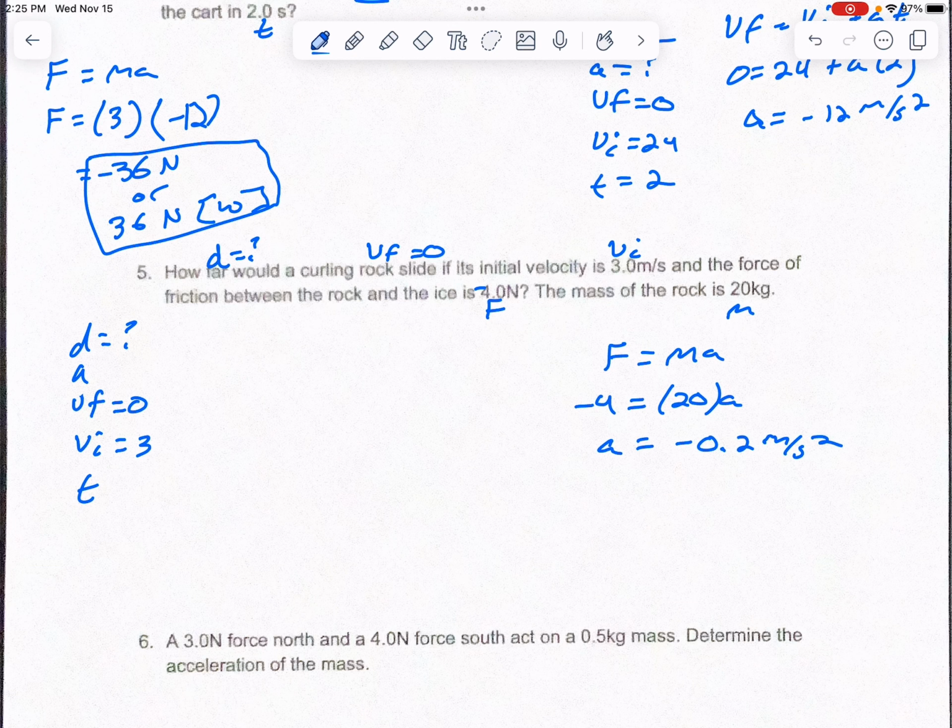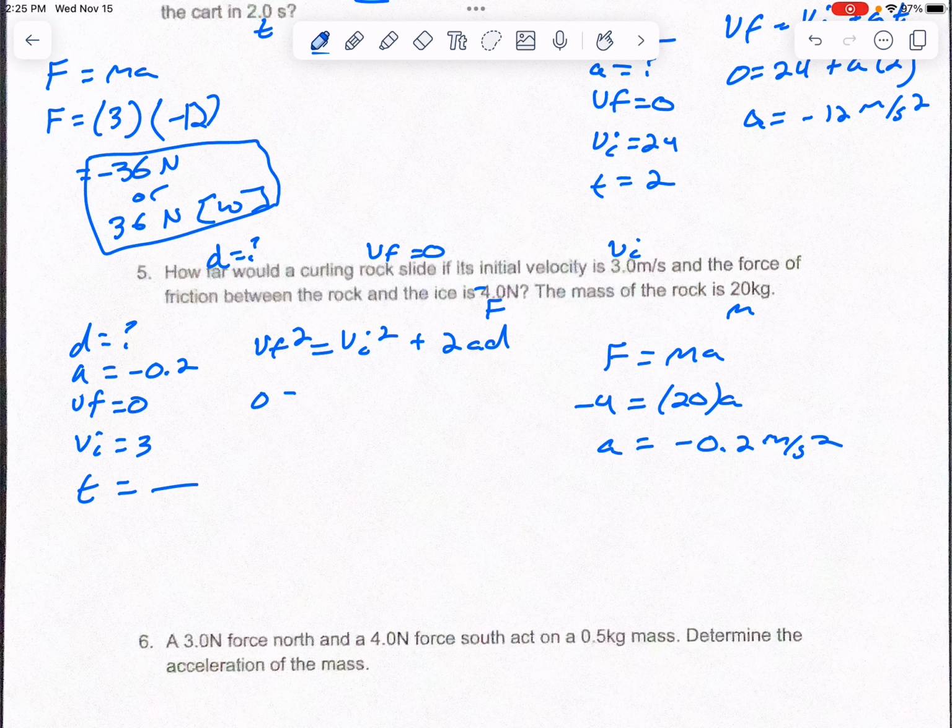It is okay to get a decimal. You're just talking about a rock sliding on ice, it's not going to take very much to bring it to a stop. So your acceleration is negative 0.2, and I'm going to bring that over here to my DAFYT. Negative 0.2. That means I did not care about time, so you're going to use that fifth equation: VF squared equals VI squared plus 2AD.